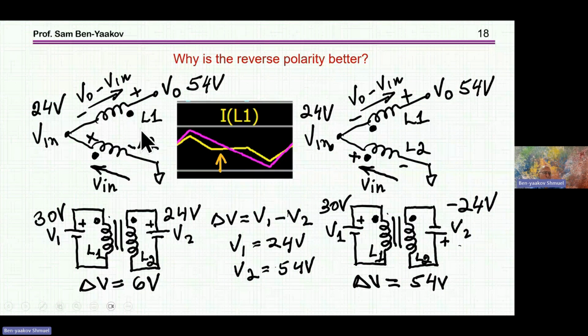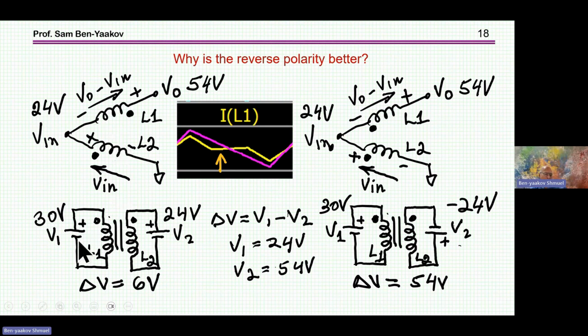Okay, so the first thing to notice is that we have a voltage drop on these inductors, of course, the difference, and the polarity coincides, the same thing for the two inductors. Plus is here and plus is here. And this is in the case of the reverse direction, because the voltages are reversed.